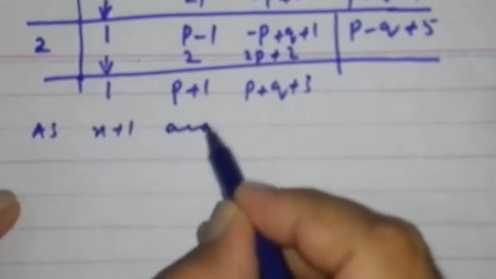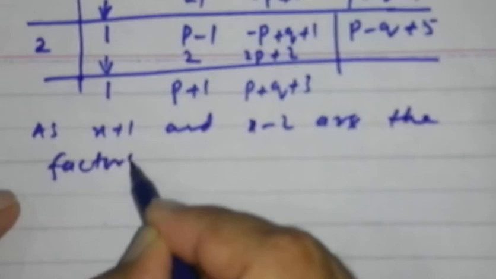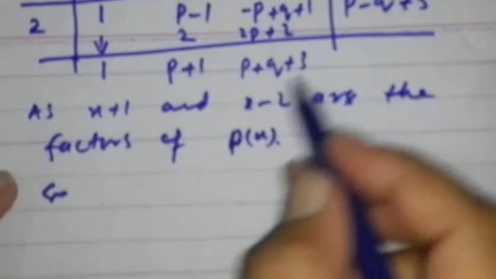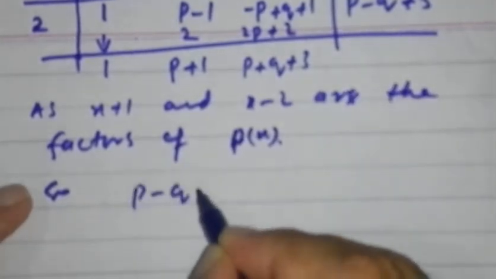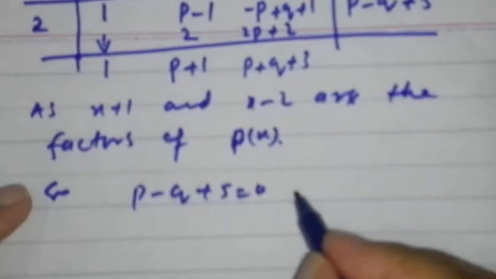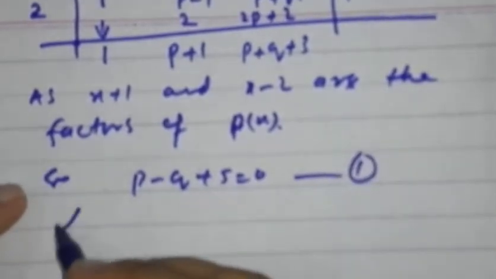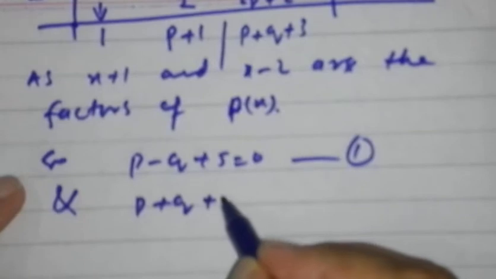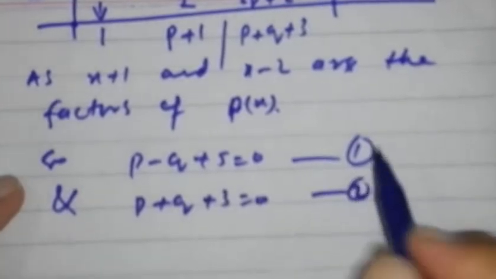As x plus 1 and x minus 2 are the factors of p of x, this remainder p minus q plus 5 will be equal to 0, equation 1, and the second remainder, p plus q plus 3 equals 0, this is equation 2.